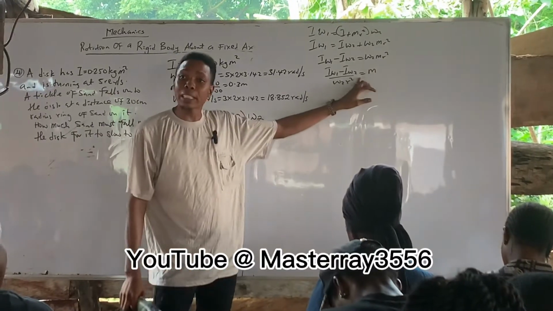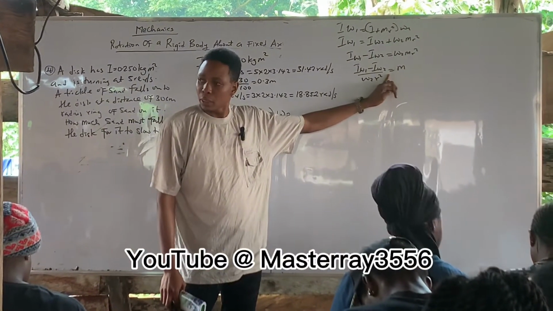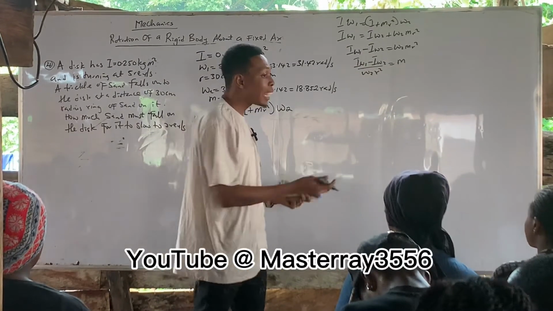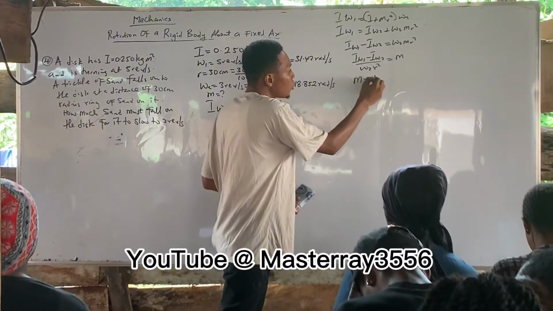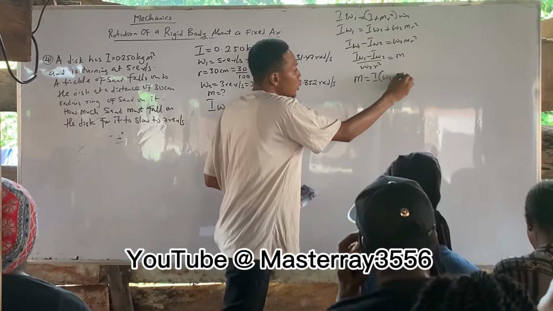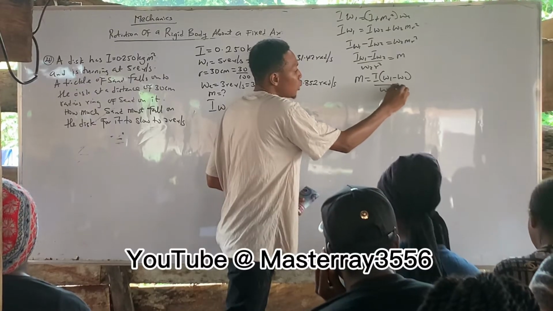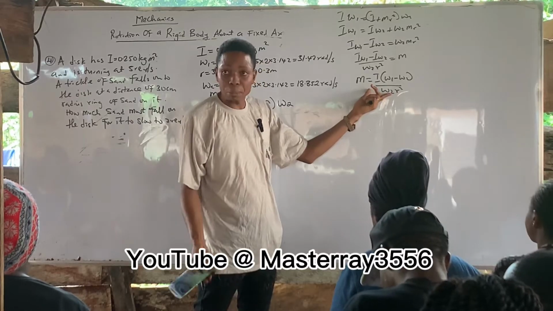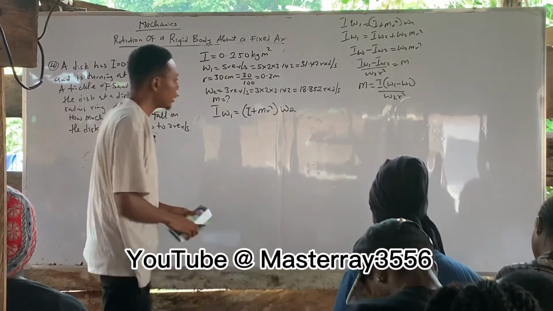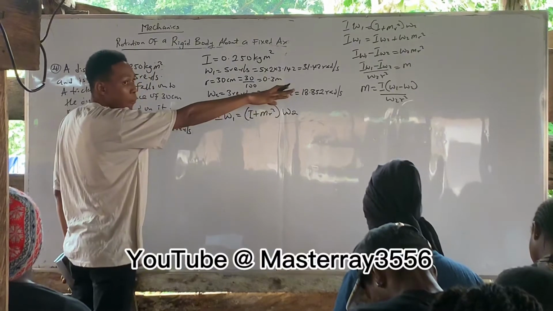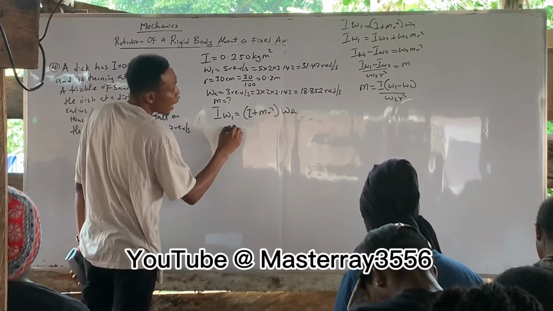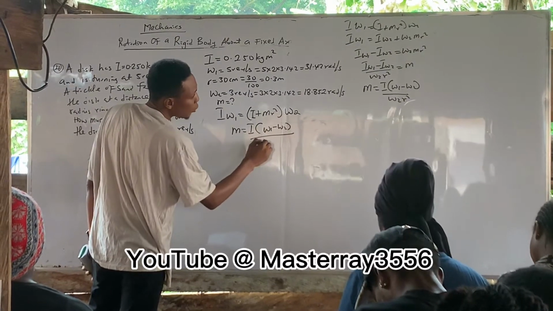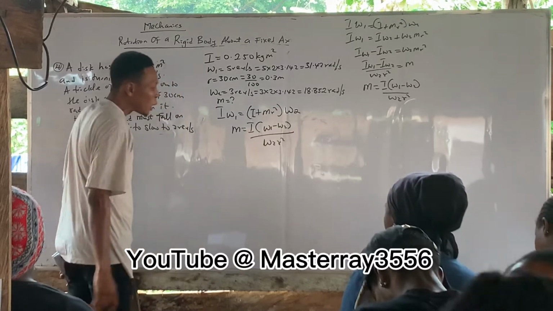If you bring out the I, M equals to I times W1 minus W2 over W2 R square. This and this are still the same thing. Are you following? So we have M equals to I bracket W1 minus W2 over W2 R square.